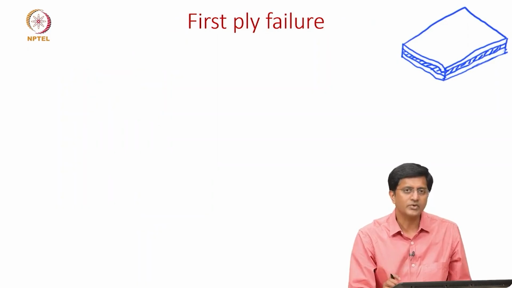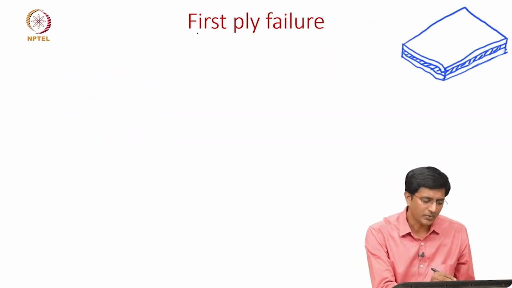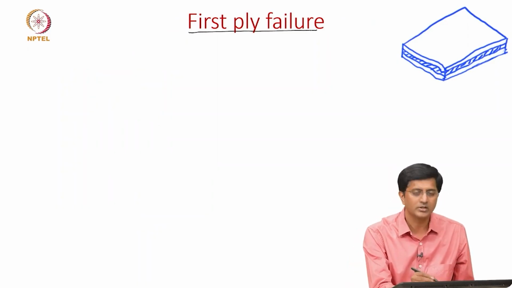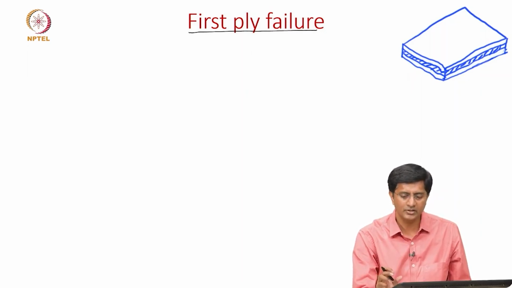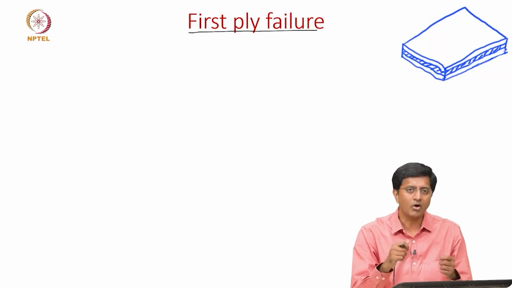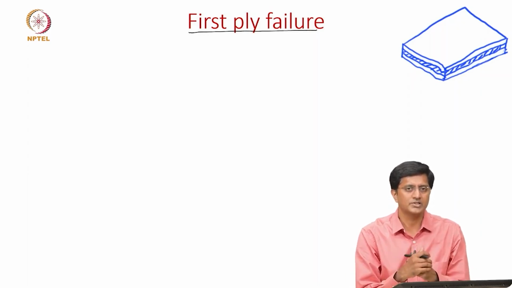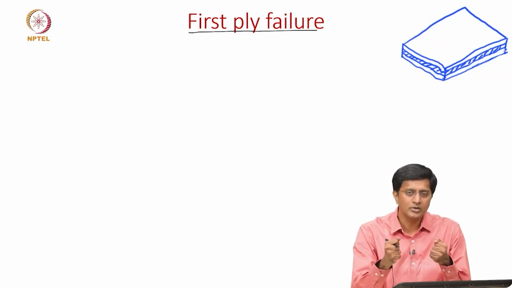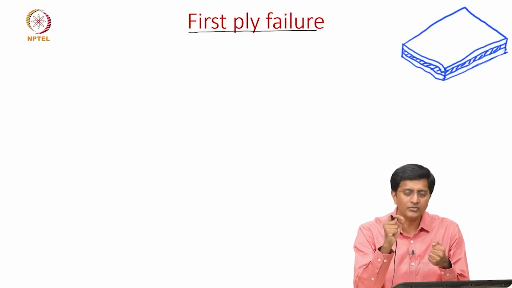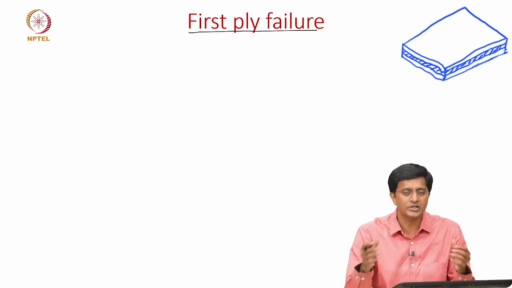So let's start with first ply failure. How do we predict the failure in the first layer? Let's say this is the laminate we see on the screen, and when we apply the loads, it's not like all layers fail in one instant. Usually, gradually when you apply the load, depending on the load, one of the layers will fail, and after that failure, it's not like the whole laminate is falling apart.